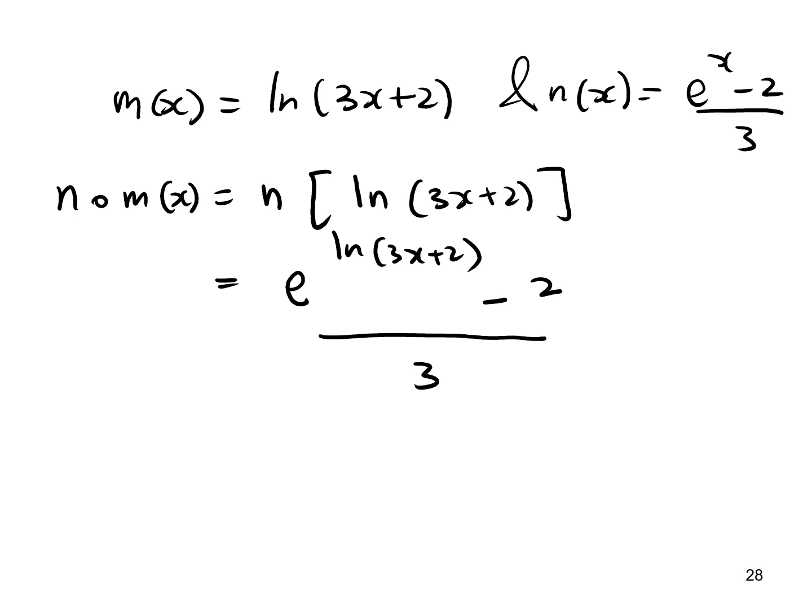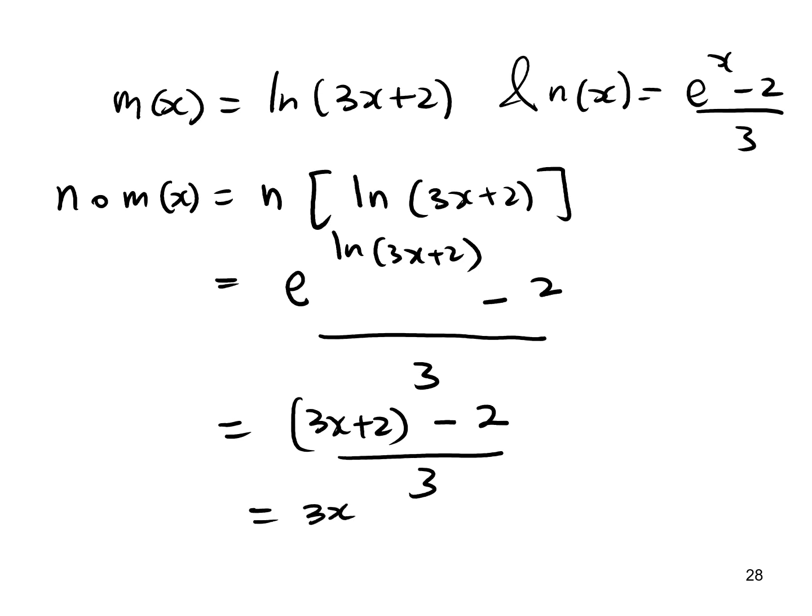So you get 3x, the 2 and minus 2 cancel each other, so you have 3x over 3. So we get x.